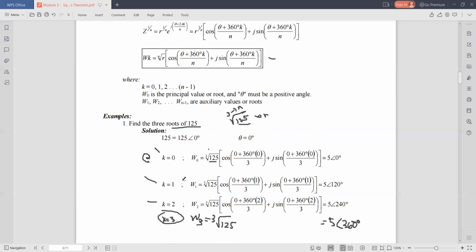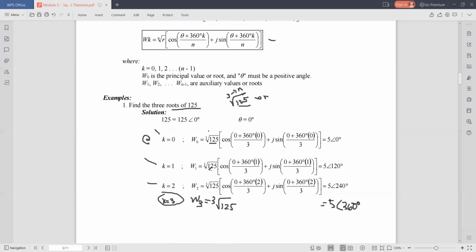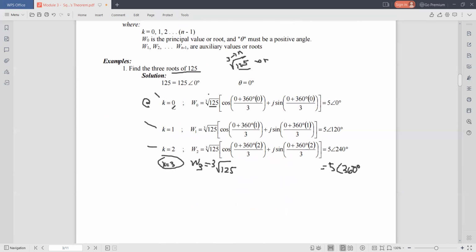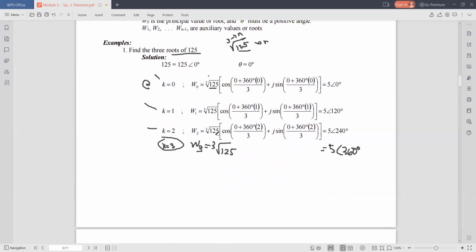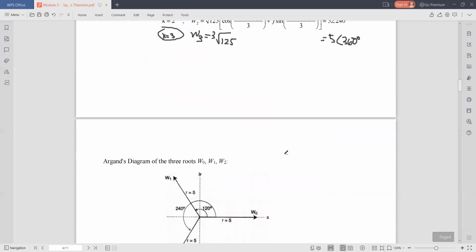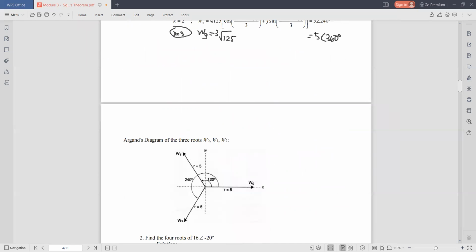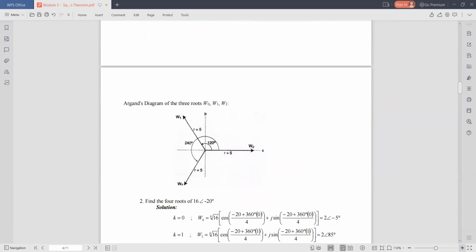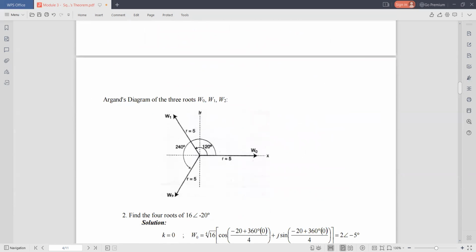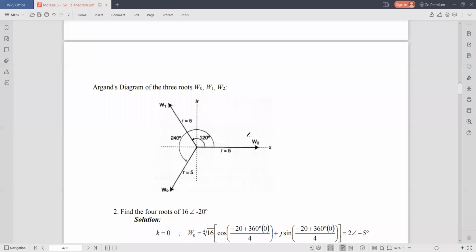And let's look at the Argand diagram. Where are K equals 0, K equals 1, and K equals 2 plotted? You have here your initial point.